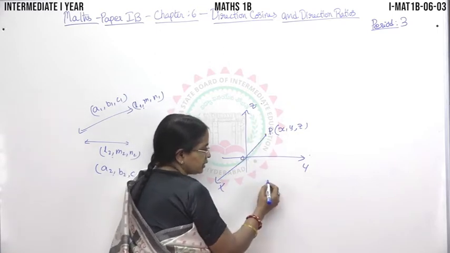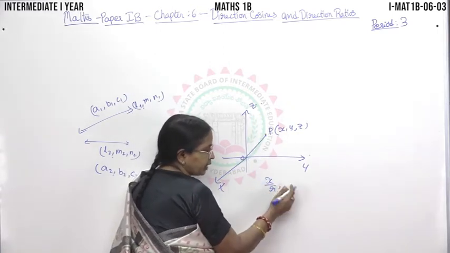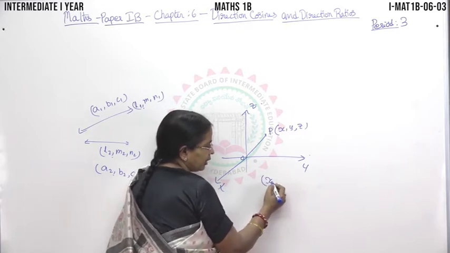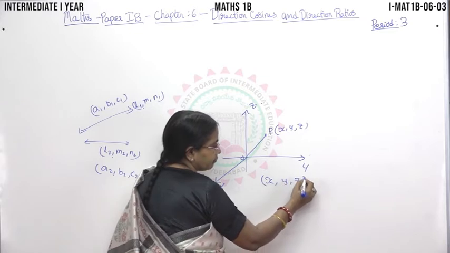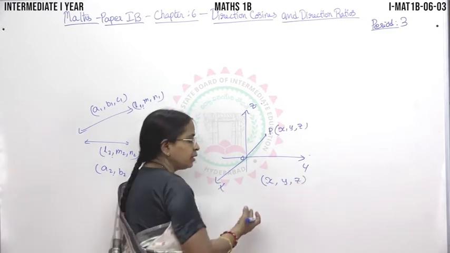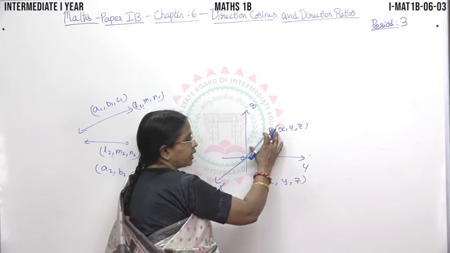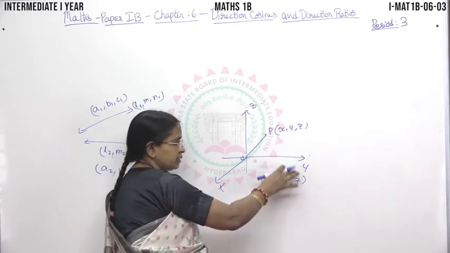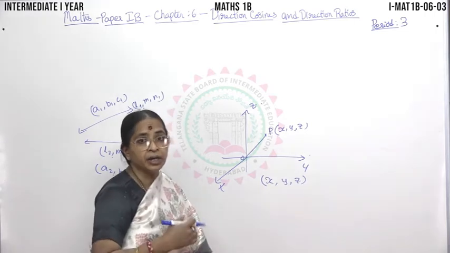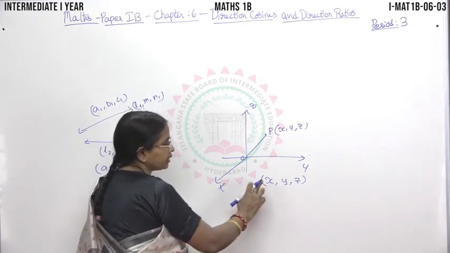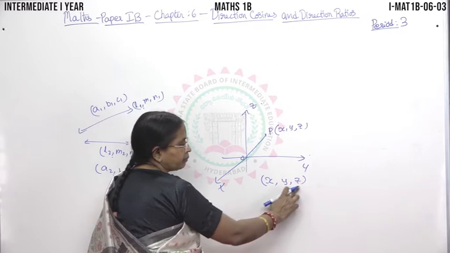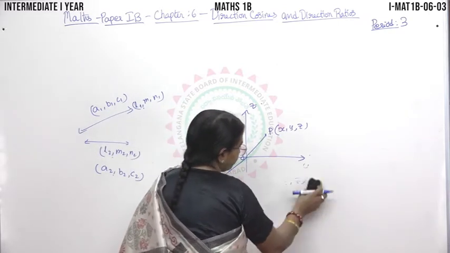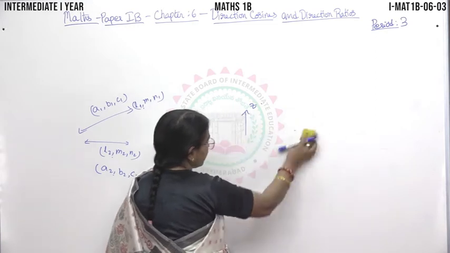According to our earlier result, the direction cosines are x by r, y by r, and z by r. If you cancel the common r, then x, y, z itself becomes the direction ratios of OP. So the coordinates of P themselves become the direction ratios. When it is direction cosines, you divide by r, where r is the distance OP. Now suppose that you have two points on a straight line.